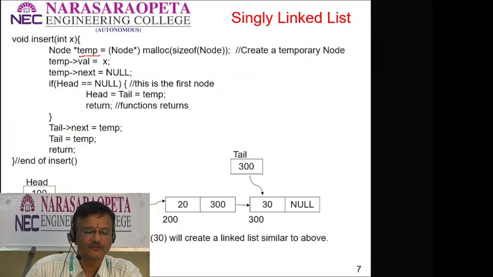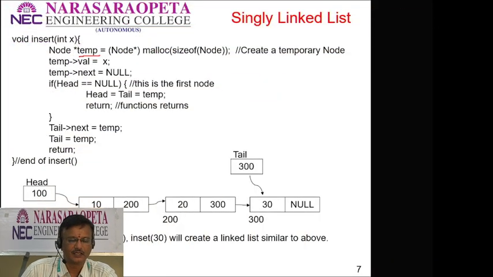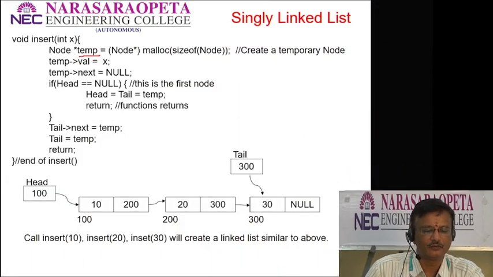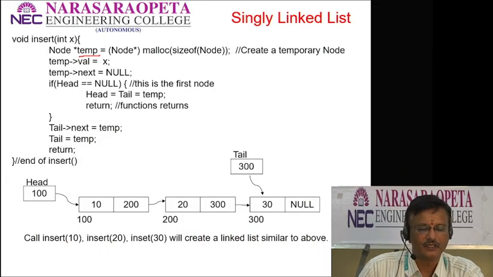Here, the element is actually an integer; for simplicity, I will say the element is an integer. Now, if we call the insert function with an integer, let us say I want to insert 10 first. If you call the function with the argument 10, what will happen is it creates a node.